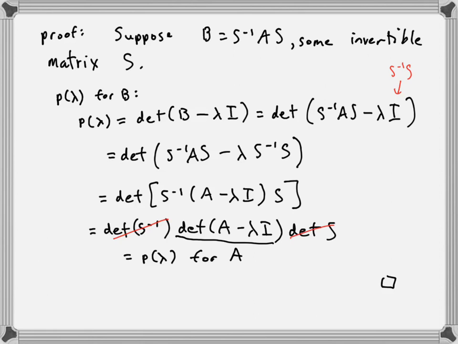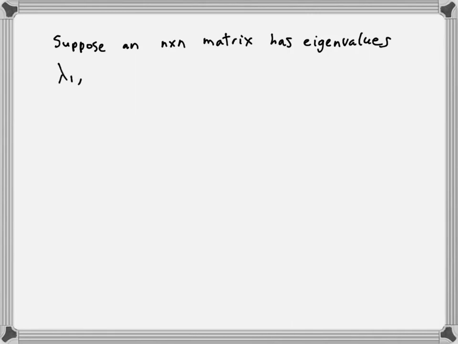All right, so let's continue the discussion. Suppose an n by n matrix has eigenvalues lambda 1 to lambda n.